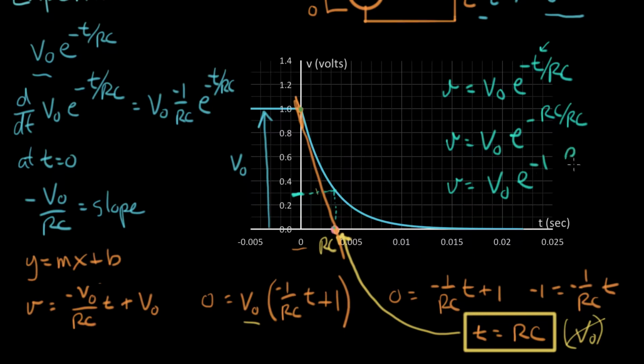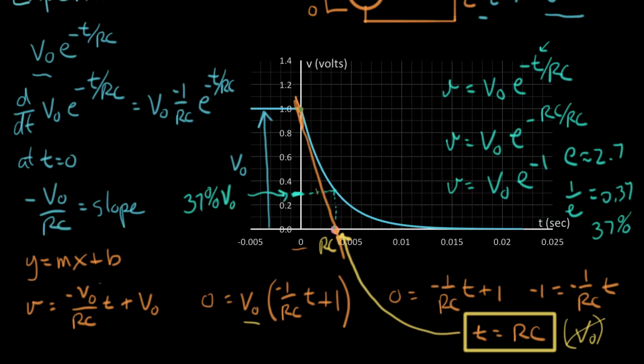Now the value of e is roughly 2.7, and the value of 1 over e is roughly 0.37, or another way I could say that is 37%. So this voltage right here is about 37% of V naught.